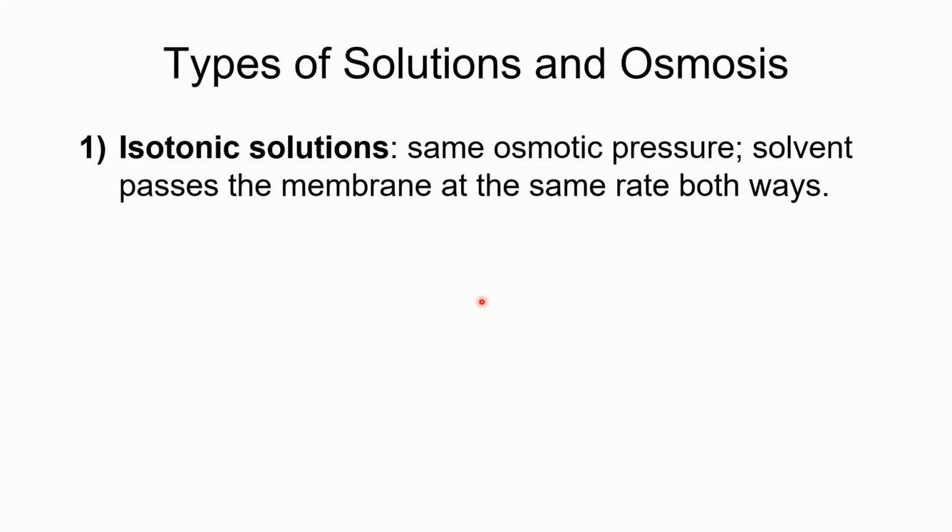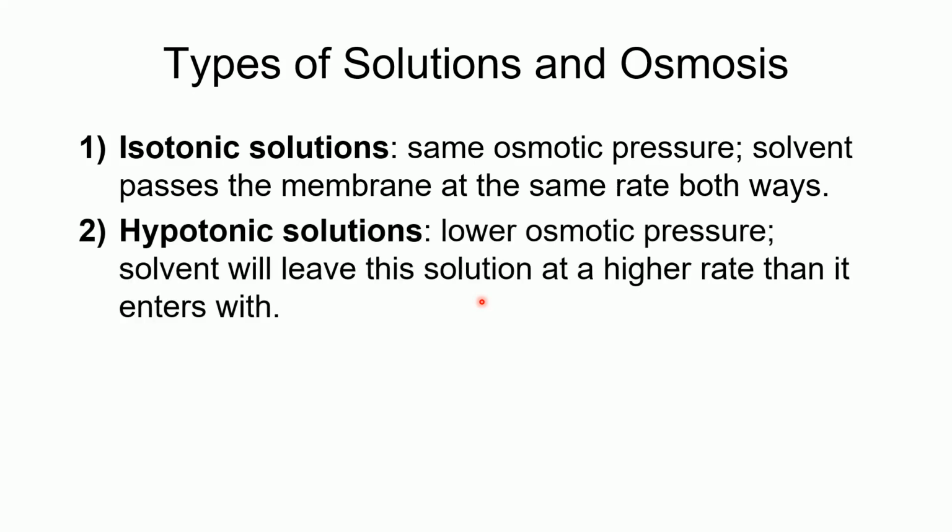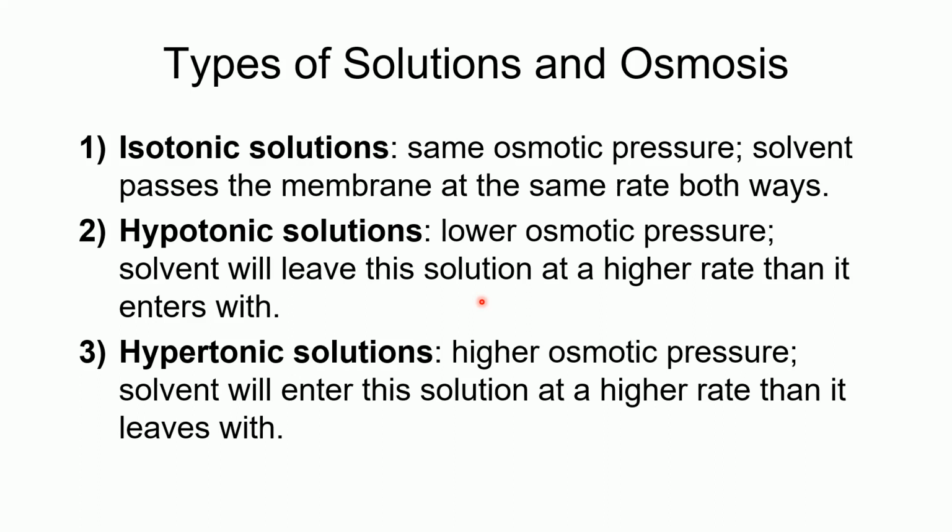If you have this in the case of a cell, then you'll have the same pressure inside the cell as you have outside the cell. We can also have something that's called a hypotonic. That's where we have a lower osmotic pressure outside the cell than we do inside the cell. And then hypertonic is where we have a higher osmotic pressure.